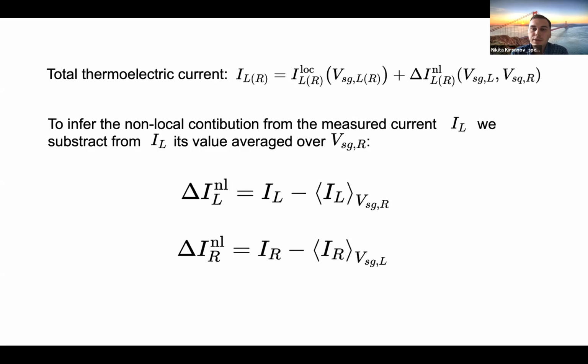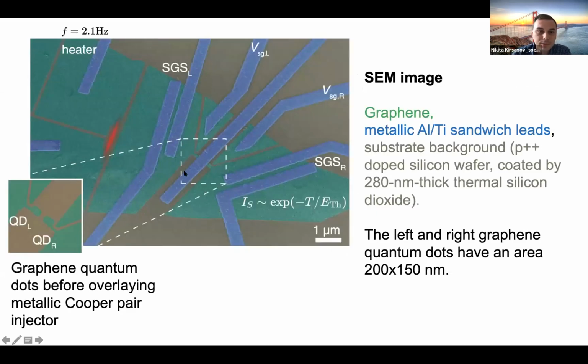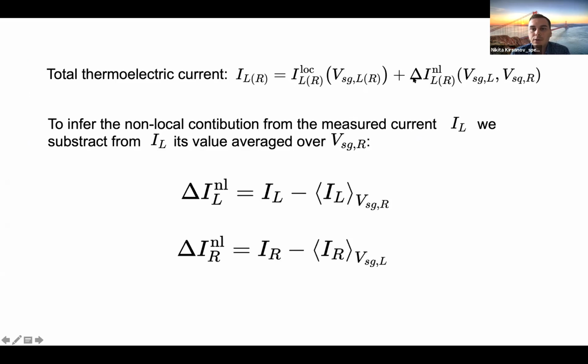To do this, we notice that the local current only depends on the corresponding gate voltage. If we look at the previous slide, we are looking at the current appearing due to the temperature difference between this region and the superconductor, and therefore it only depends on the gate voltage on this dot, whereas the non-local part depends on both gate voltages.